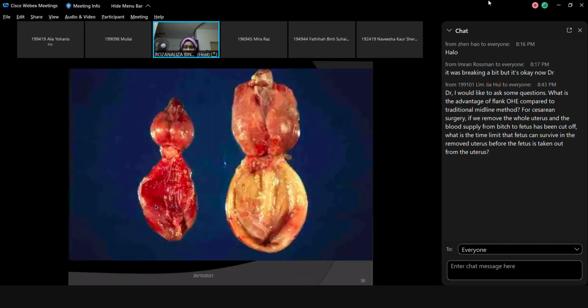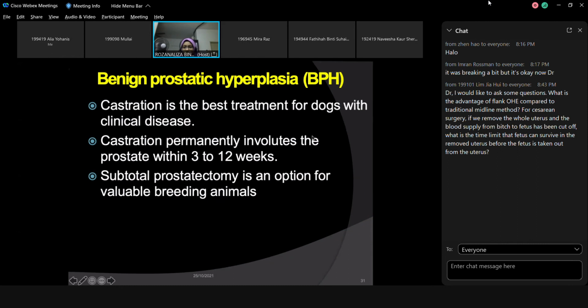So this is a normal prostate. This is a prostate with BPH. You can see they are symmetrical, and it does not look angry like a tumor with irregular structures. This one looks almost similar for BPH. So castration is the best treatment.